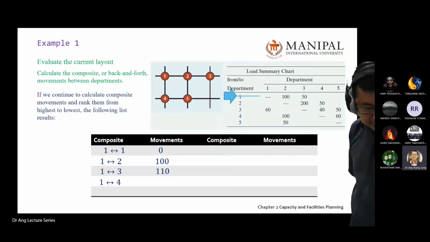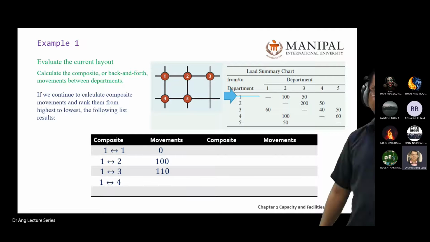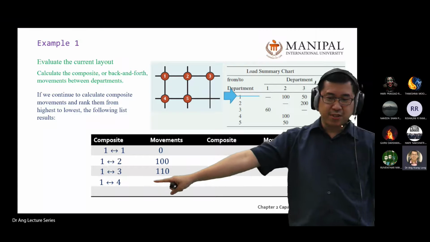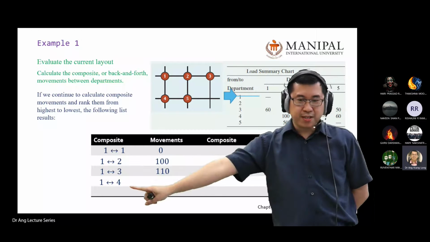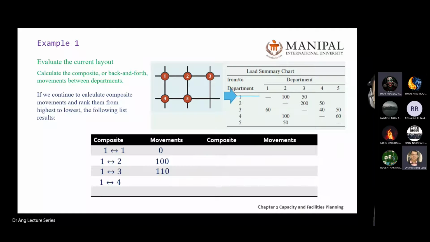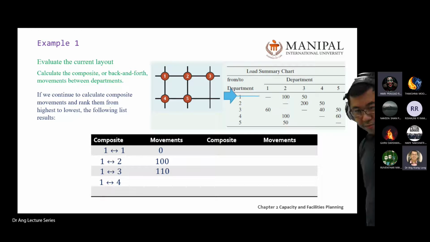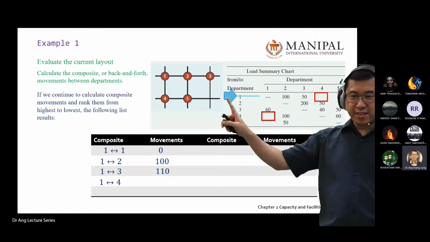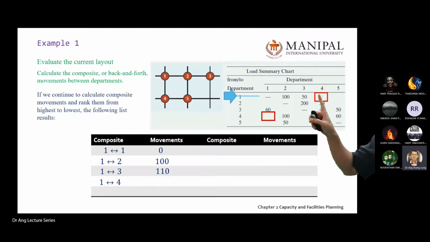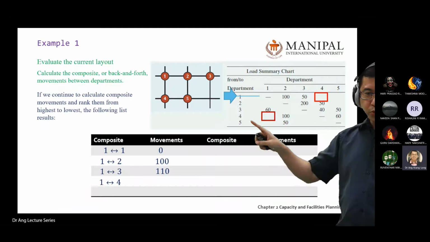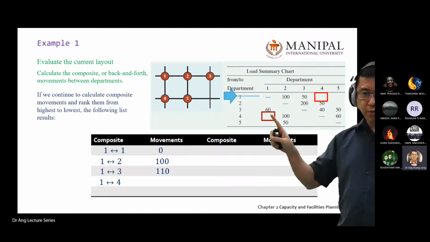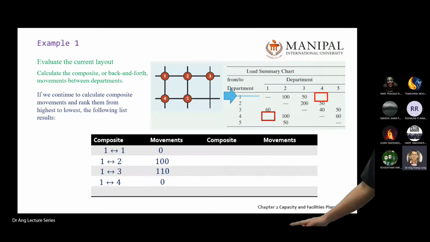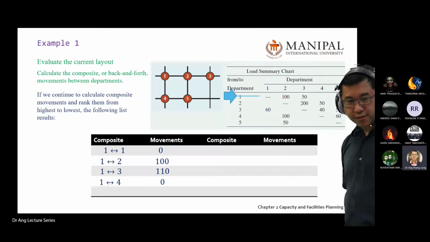Harry Prasad, what is the answer for composite movement 1-4? Is it 0? Okay. So 1 to 4, there's no number there. And then remember to send back the item. 4 back to 1, there's no value there. 0.